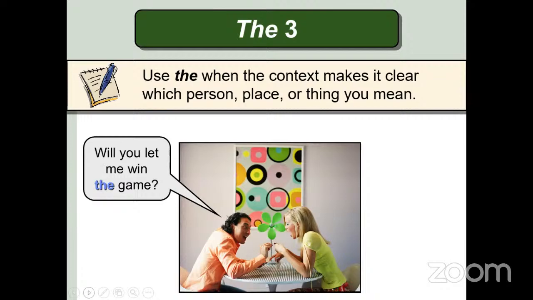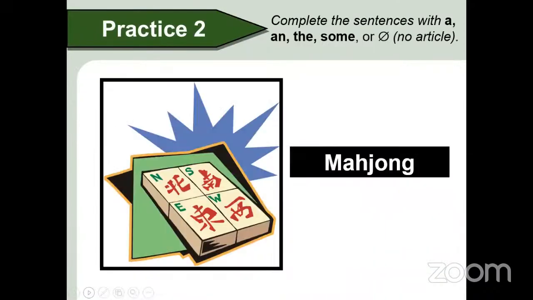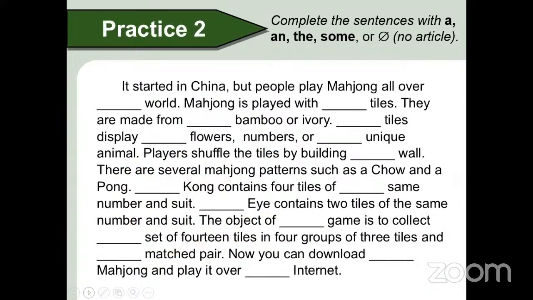Will you let me win the game, for example? They know he's talking about their game, card game. Okay, mahjong. But mahjong is a kind of card game. There are some cards, right? What do you think we should add here, please?